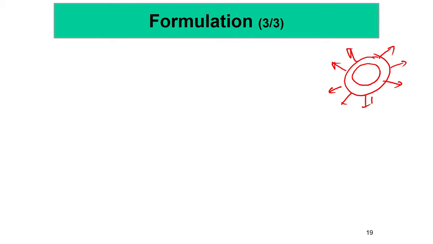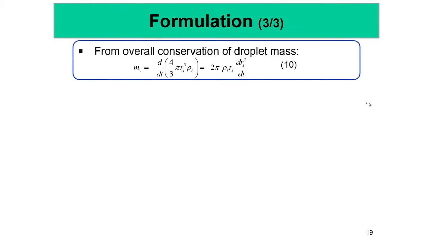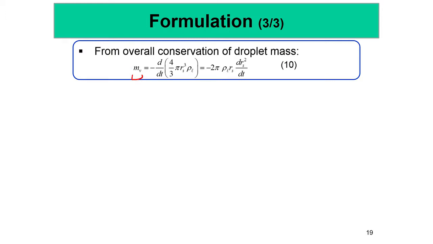Okay. But of course this happens in such a manner that while we do the analysis in the gas phase we can consider it to be in steady state. But now we can essentially write that the mv, that is the rate at which the vapor is leaving the droplet at the surface, that is the mass flow rate of this vapor at the surface, is equal to the rate of change of the mass of the droplet itself.